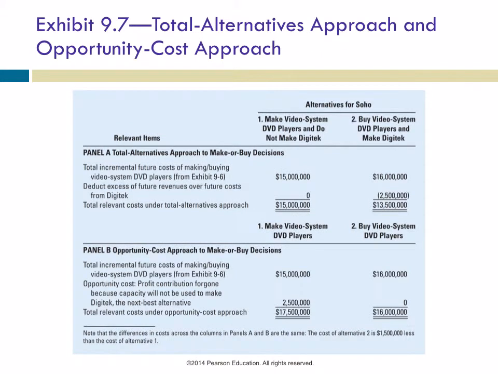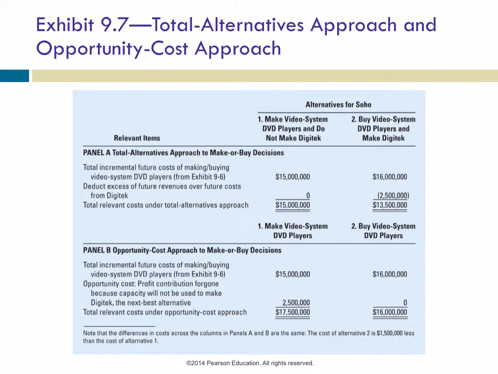So I think this is where you can see how the issue between opportunity cost approach and total alternatives approach can end up being just a matter of semantics. If you look under the first major row there, the first half of that chart, panel A is the total alternatives approach to a make or buy decision.